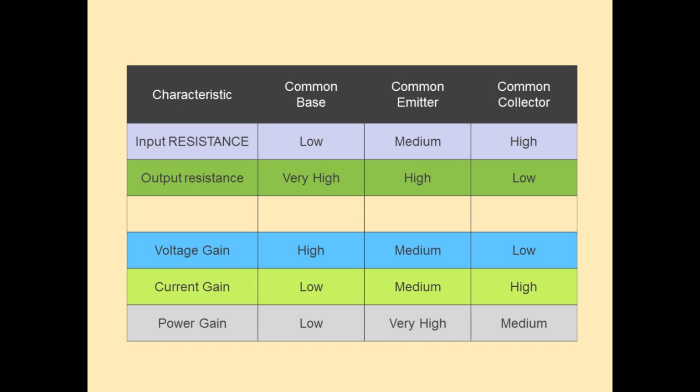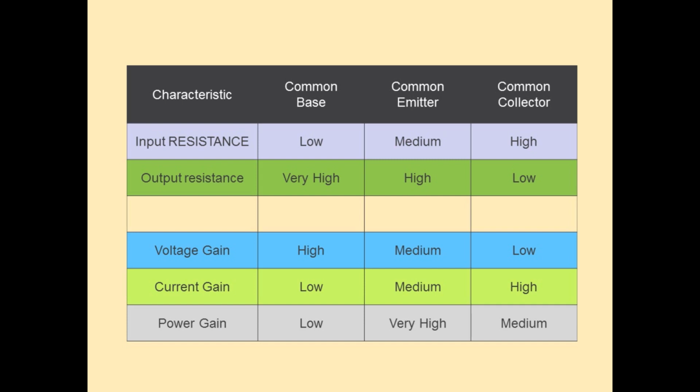Voltage gain is very high in the case of common base configuration and very low in the case of common collector configuration. Already we discussed that, and there is no voltage gain in the case of common collector configuration. But current gain is very high in the case of common collector configuration.